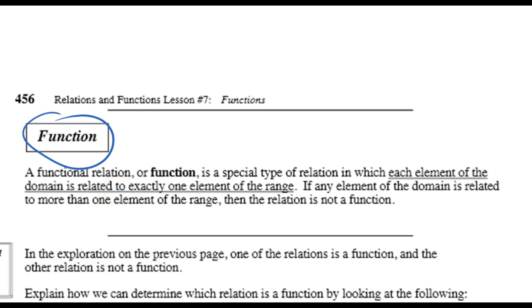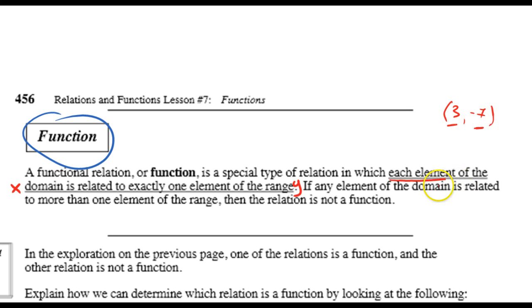Well, domain, we all know, is the x-coordinate, and the range is the y-coordinate. So what this is saying is that in each element, well, each element, that would just be like a coordinate. So if I gave you the coordinates 3, -7, okay, well, the x element of the domain is the 3, and the element of the range is the -7.